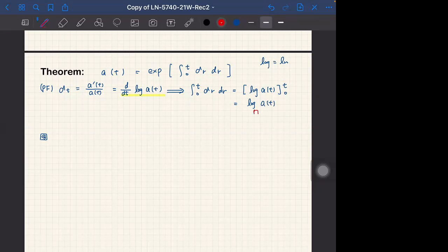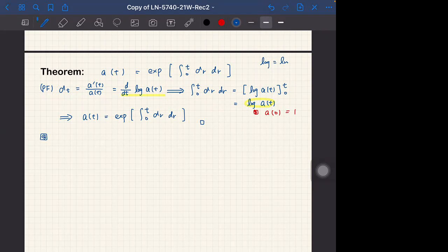Now we take the exponential on both sides, so a of t is equal to the exponential of the integral from 0 to t of delta r dr. Now this is the end of the proof.